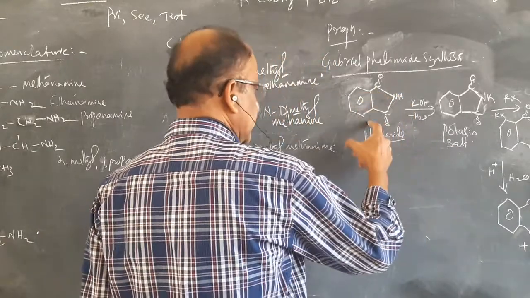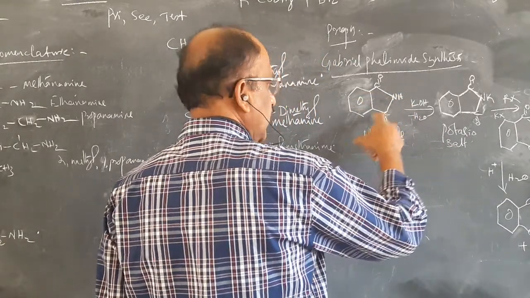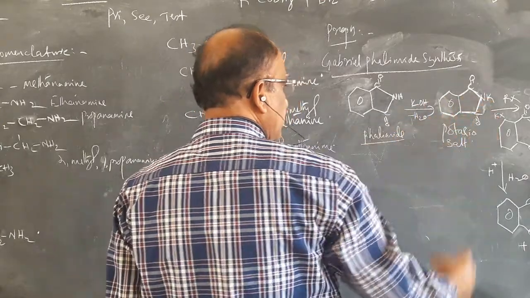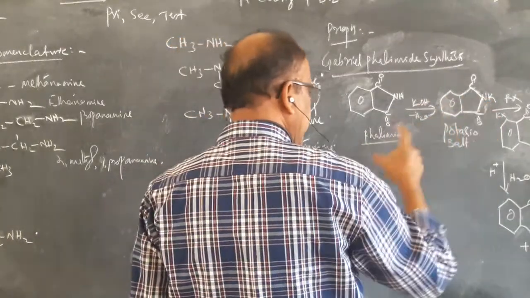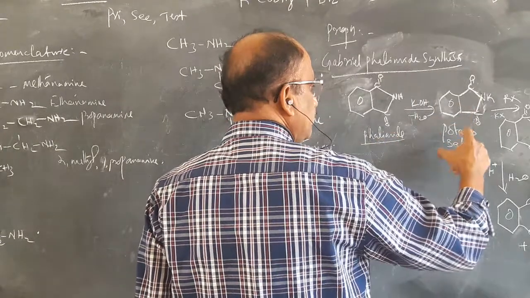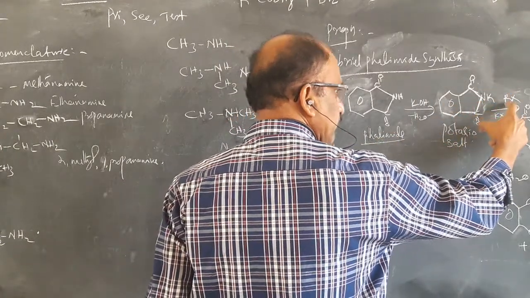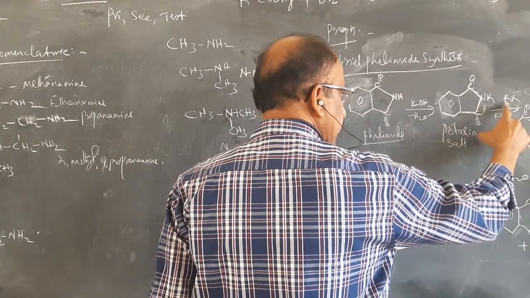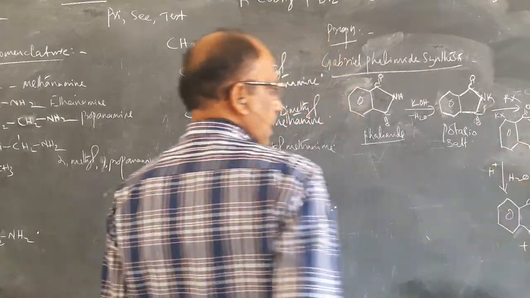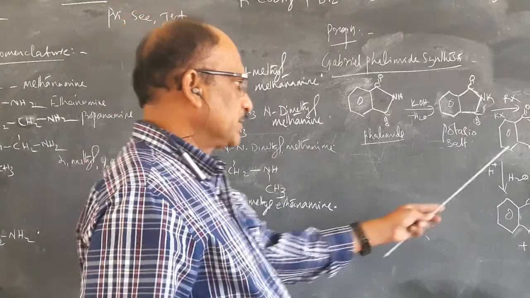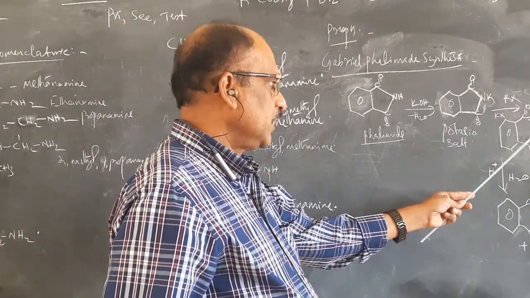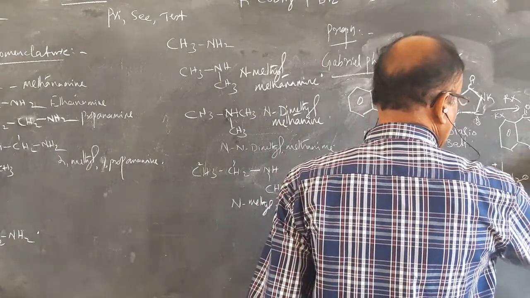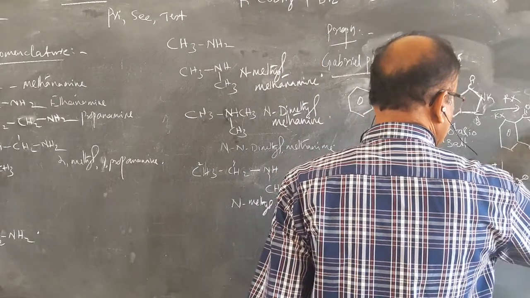So this is phthalimide. It is treated with potassium hydroxide, and potassium salt of the phthalimide is formed. That is again treated with alkyl halide. Then K will be replaced by R. This is N-alkyl phthalimide, R is alkyl.